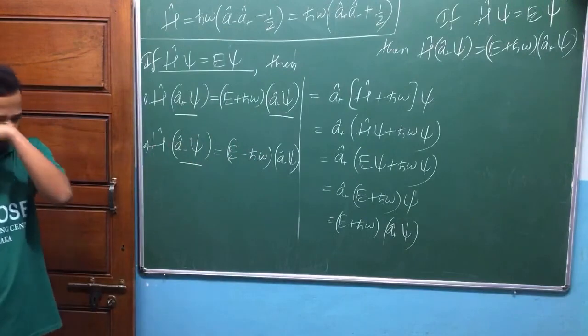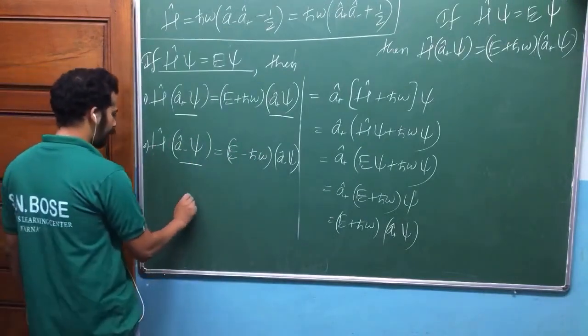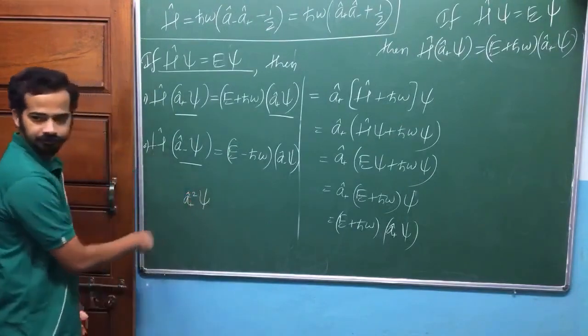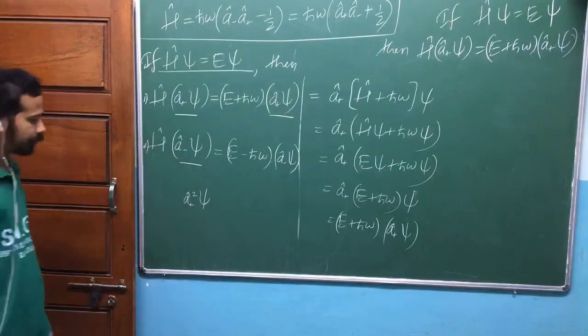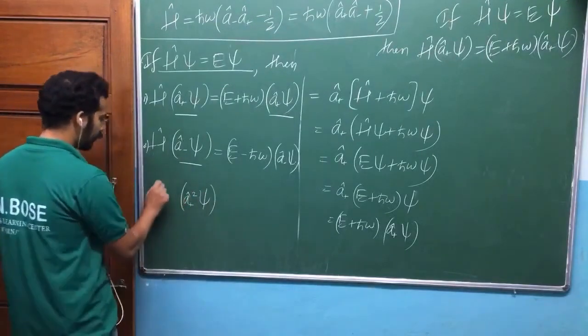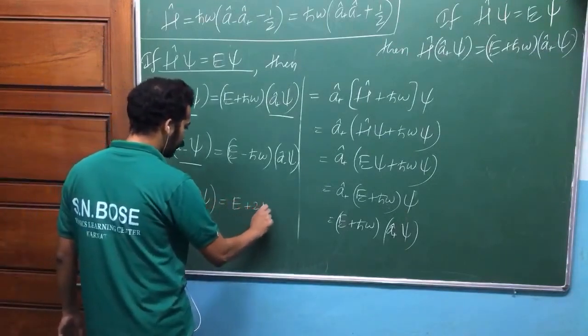Is that okay? And we can continue this argument. Look at here. a plus cap operating twice on psi is such a state that it will satisfy Schrodinger equation with energy E plus 2 h bar omega.